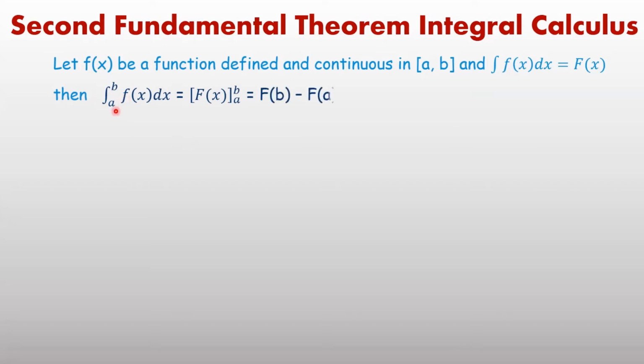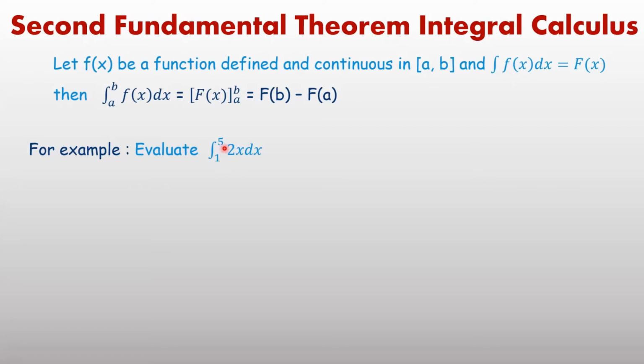Then integration of a to b f(x) dx we can write as F(x), with lower limit a and upper limit b, and apply the limits. Means the value of F(x) at x equal to b minus the value of F(x) at x equal to a, and you will get the required area.